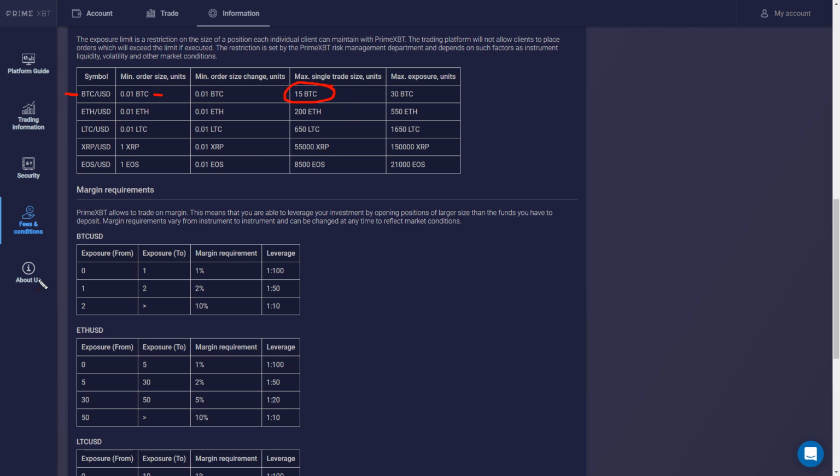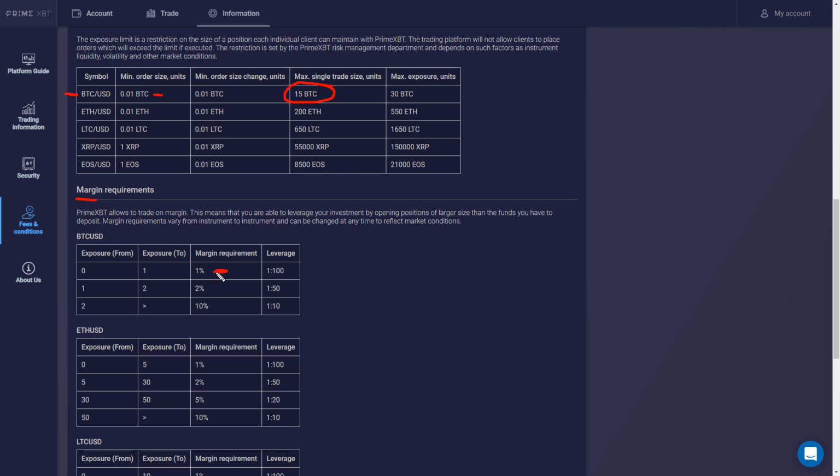Now here's the big difference, the margin requirements. Remember the margin requirements for the XBT contract were, I won't say fairly substantial, but they're very much in line with any other futures contract that I've traded through an exchange. But as it relates to Prime XBT, they're much, much lower. So the margin requirement for Prime XBT is 1%. What that means is if you're leveraging 1 BTC, and let's say the price of BTC is $4,000 versus the US dollar, your margin for that is $40.